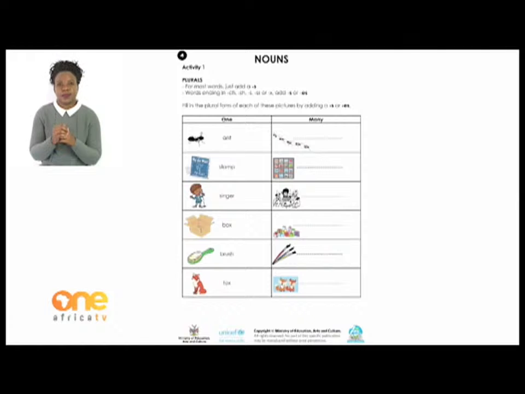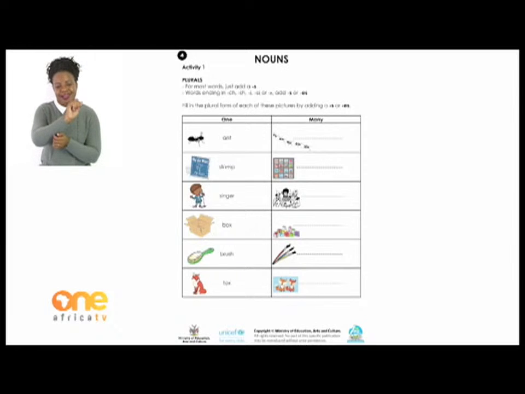For most words, just add S. Words ending with CH, SH, S, double S, or X, add S or ES. I will do one example with you here. The rest you will do, just fill in the correct plural for the noun given.